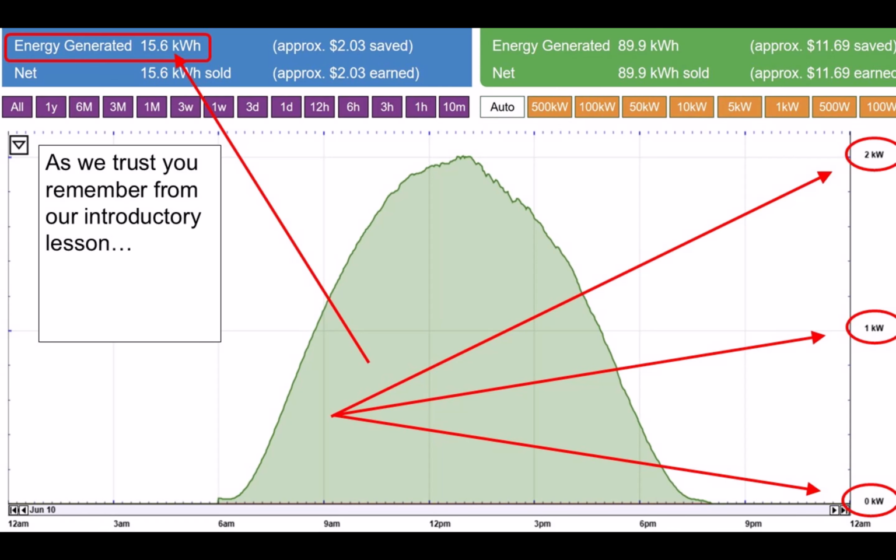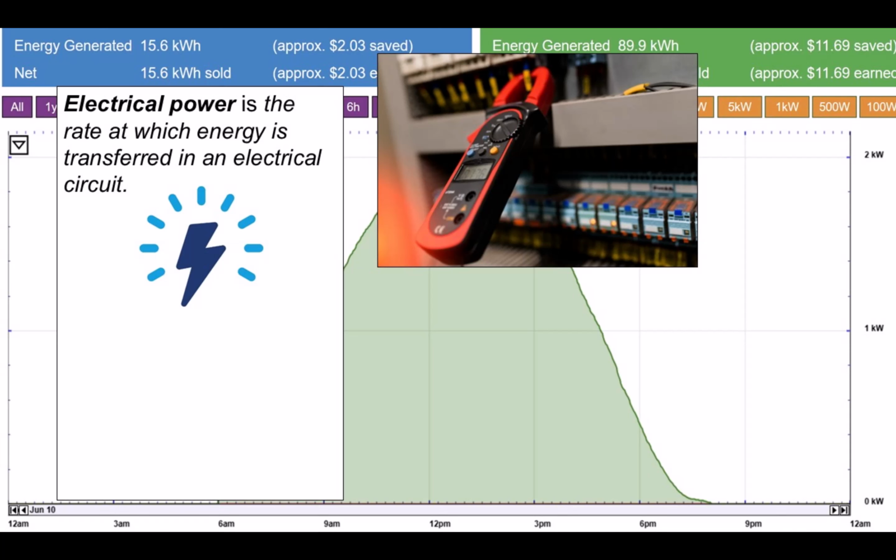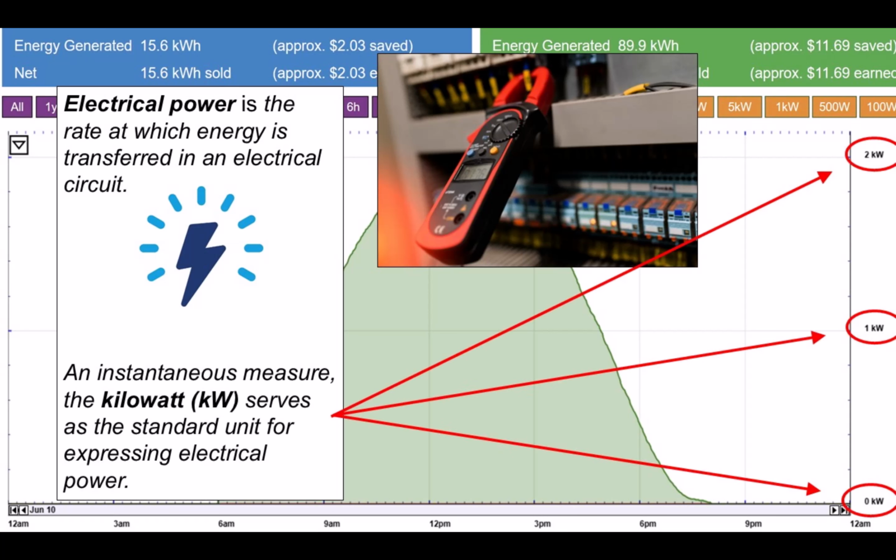As we trust you remember from our introductory lesson, electrical power is the rate at which energy is transferred in an electrical circuit. An instantaneous measure, the kilowatt, kW, serves as the standard unit for expressing electrical power.